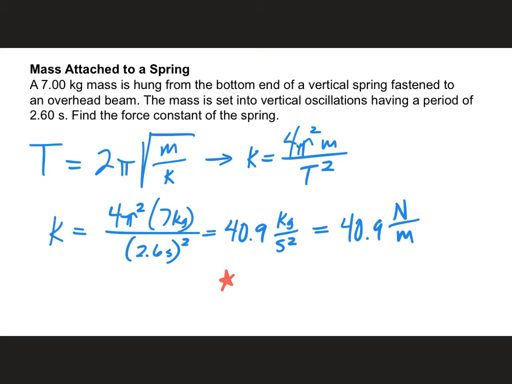Good question. I'm glad you asked. Remember, a newton is equal to a kilogram meter per second squared, which, if I just divide both sides by a meter, I'll get newton per meter equals kilogram per second squared.